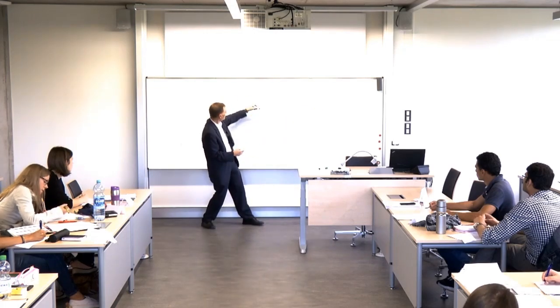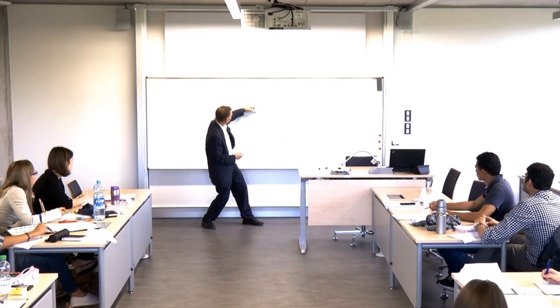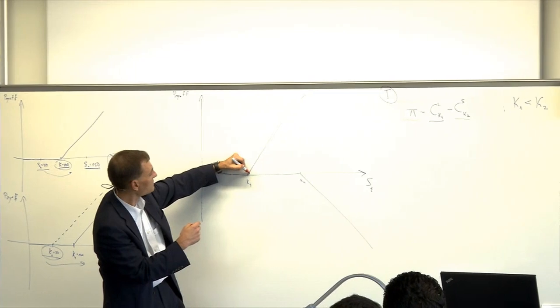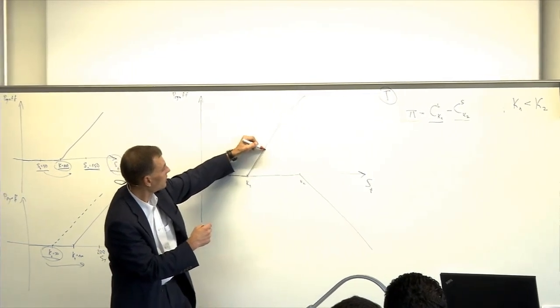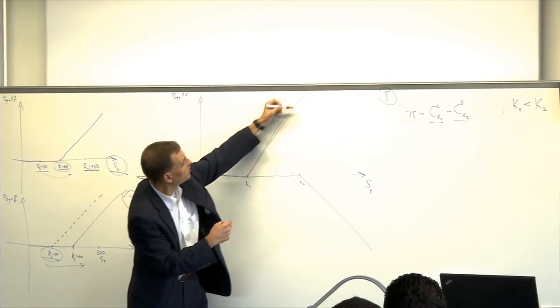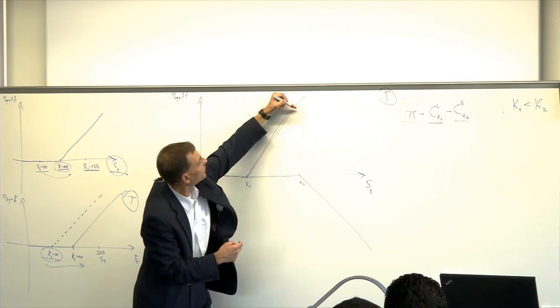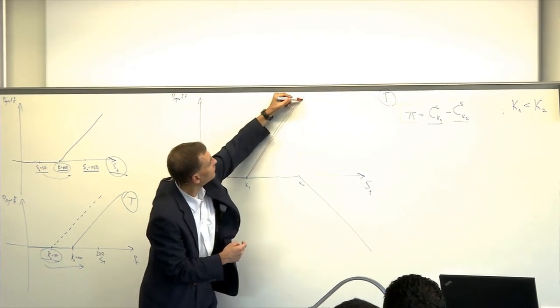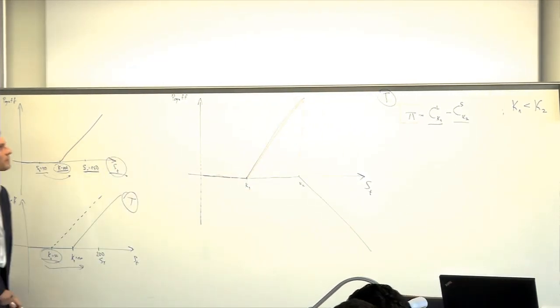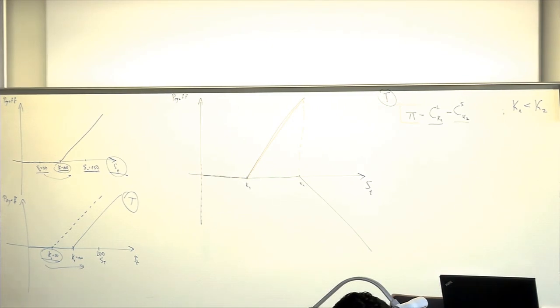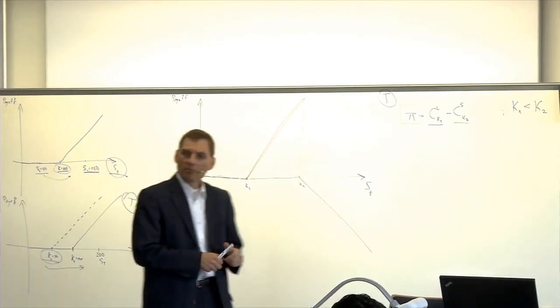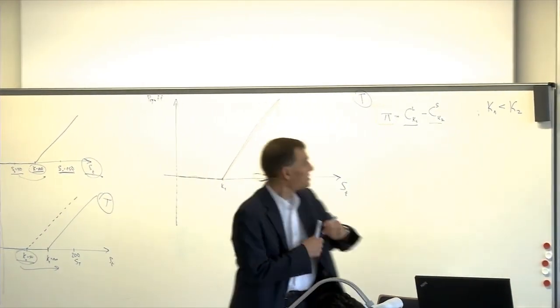It's not affected by this, so the portfolio payoff obviously increases with the same slope of my blue line until we are at K2. Then we have to think again what happens. What happens if we continue here?